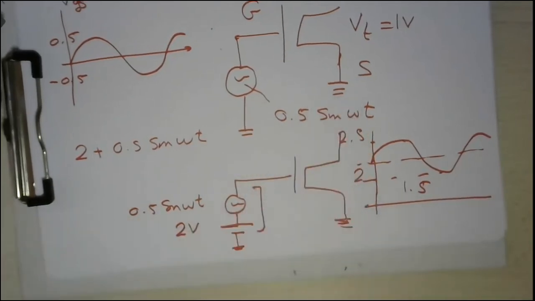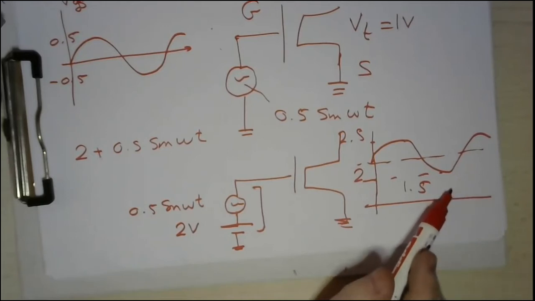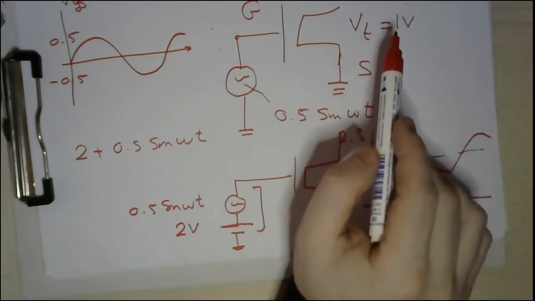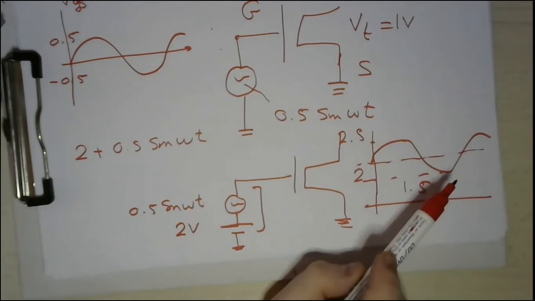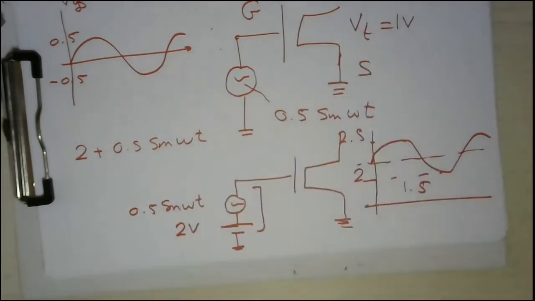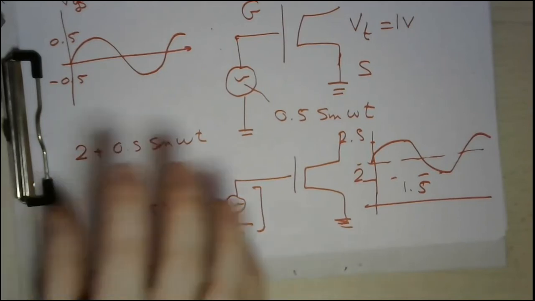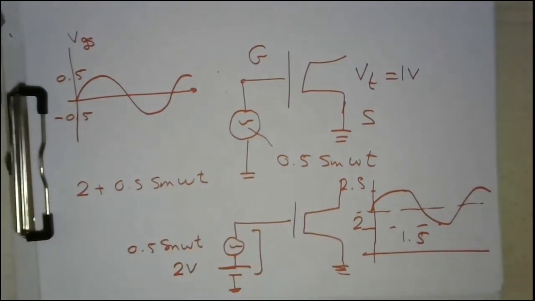Accordingly, the MOSFET will work 100% of the time, because the minimum voltage is 1.5 and the V threshold is 1 volt. So the minimum input gate voltage is still greater than the threshold voltage. That's why your MOSFET will work properly. So this is the first important information: no AC input without a DC biasing.